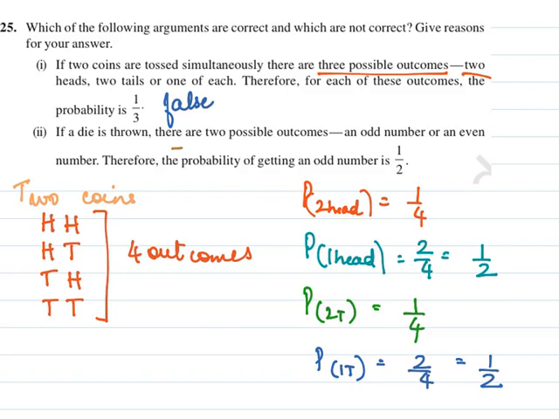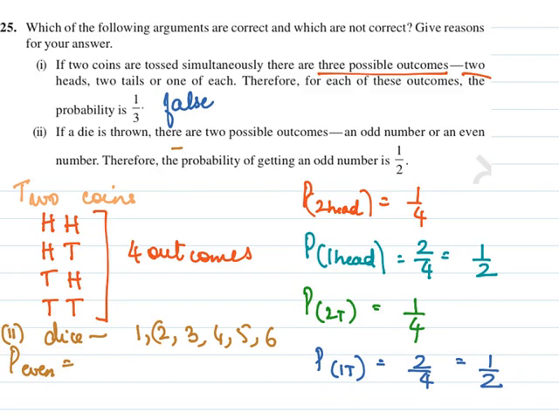The next statement: if a dice is thrown, there are 2 possible outcomes, an odd or even number. Therefore, the probability of getting an odd is 1 by 2 and even also is 1 by 2. So for the second one, we're talking about a dice. And in the dice, we see the total outcomes are 1, 2, 3, 4, 5, 6. These are total outcomes.